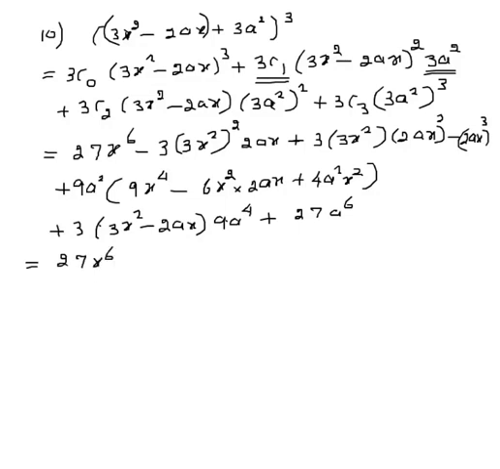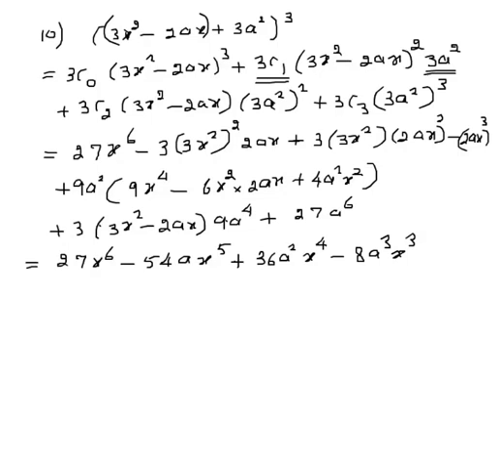Let us simplify. 27x raised to 6 minus 54a x raised to 4 into x will become x raised to 5. And the next term plus 3 3s are 9, 9 4s are 36. a square x raised to 4 minus 2 cube is 8. a cube x cube.